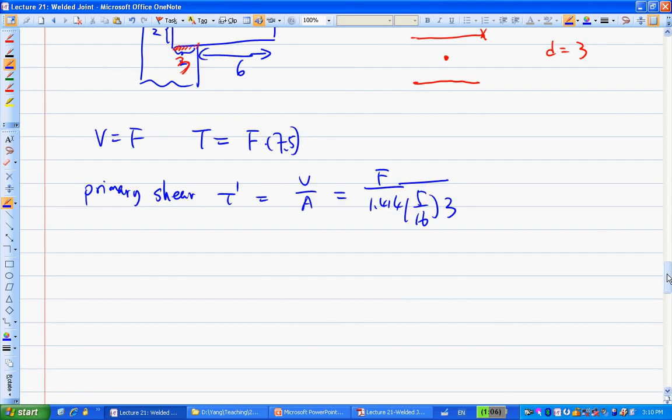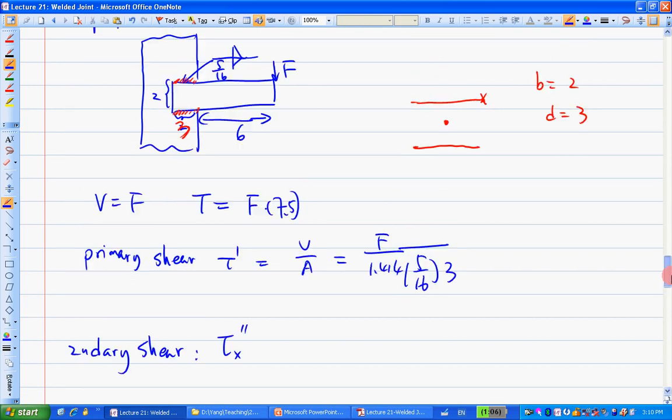Okay, so that's primary shear. Then tau x double prime, secondary shear. Okay, secondary shear. So I'm looking for basically tau x double prime, and tau y double prime. Okay. Then we have tau prime, right?